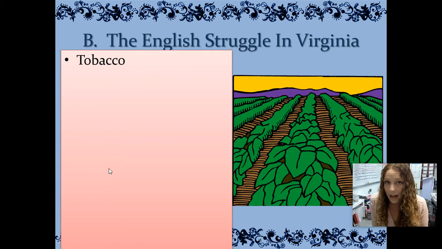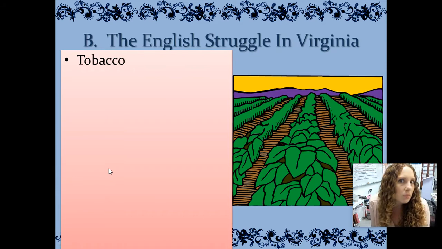And what ultimately does save Jamestown and saves Virginia and saves English colonization in the long run is tobacco. Not gold, but tobacco. We talked about tobacco a little while ago as an example of the Columbian Exchange. This had been grown by Native Americans for centuries, but the English will come in and turn it into a major commercial crop.